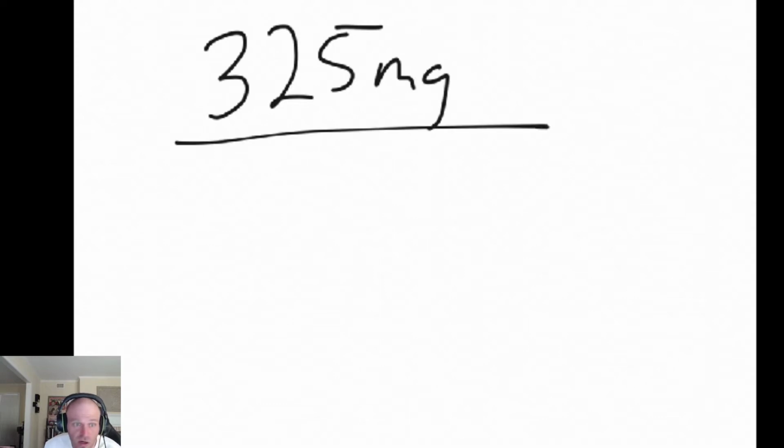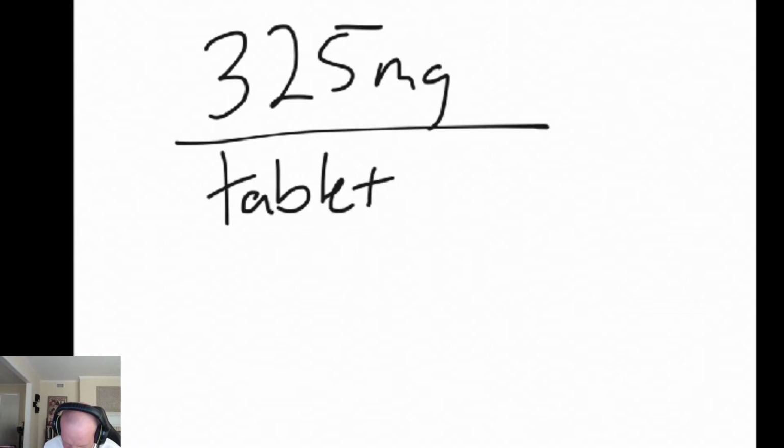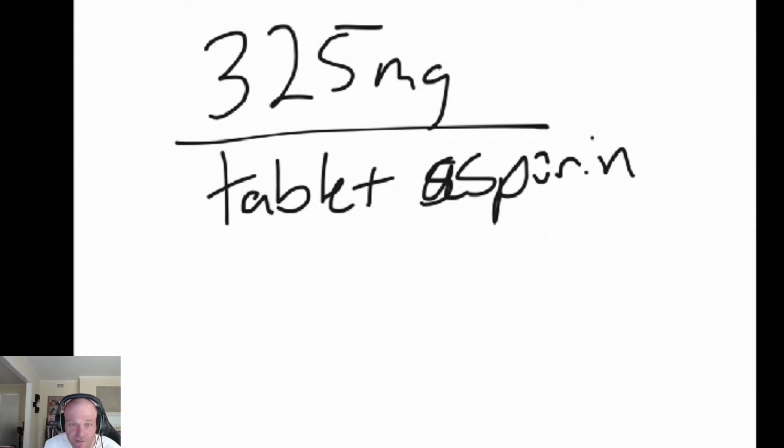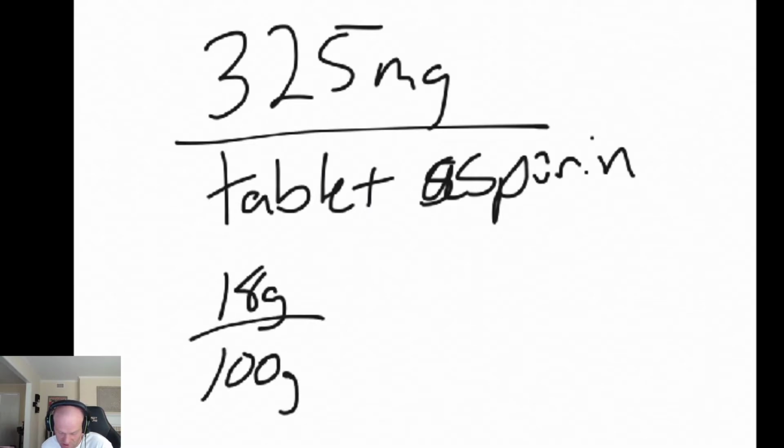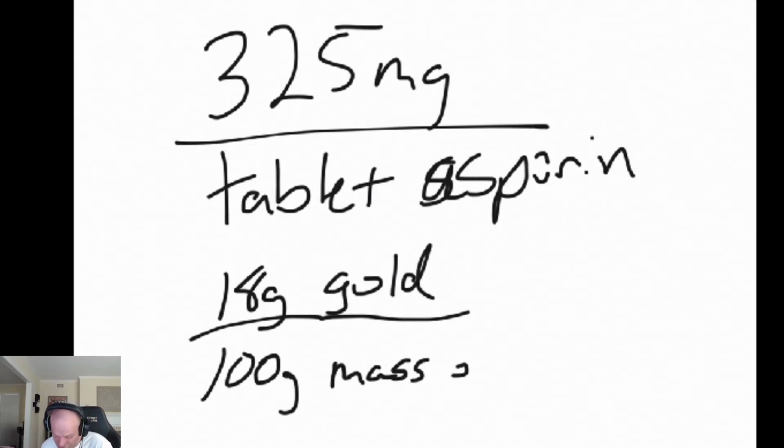So I would say 325 milligrams per tablet of aspirin. And then the next one says 18% gold in jewelry, so I'd say 18 grams over 100 grams, and that's gold per mass of jewelry, right? So 18% of the weight of the jewelry is gold.